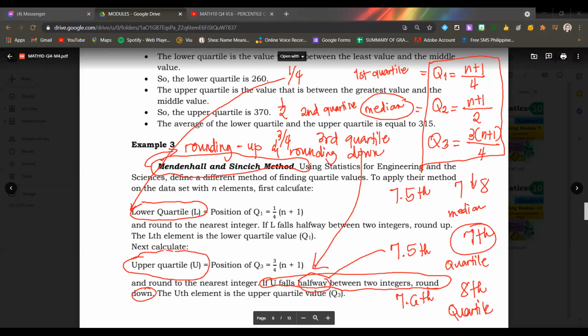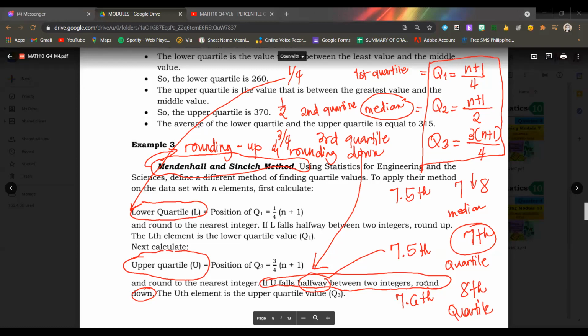Hindi natin i-compute specifically ano yung term na yon. Hindi tayo magko-compute. But instead, ilolocate lang natin alin dyan sa data na yan yung pasok dito sa Mendenhall or yung pasok dito sa quartile, sa decile, or sa percentile natin.